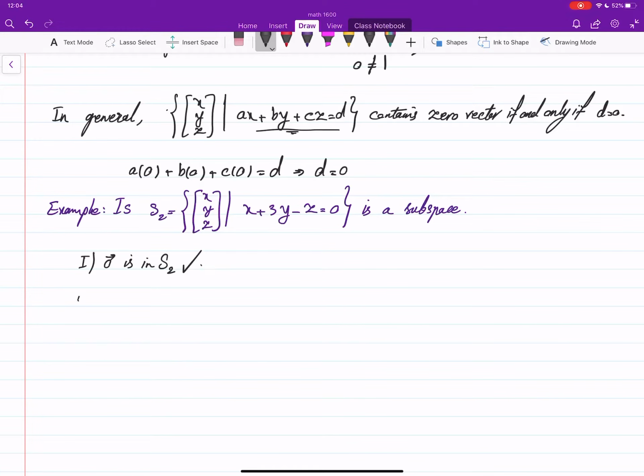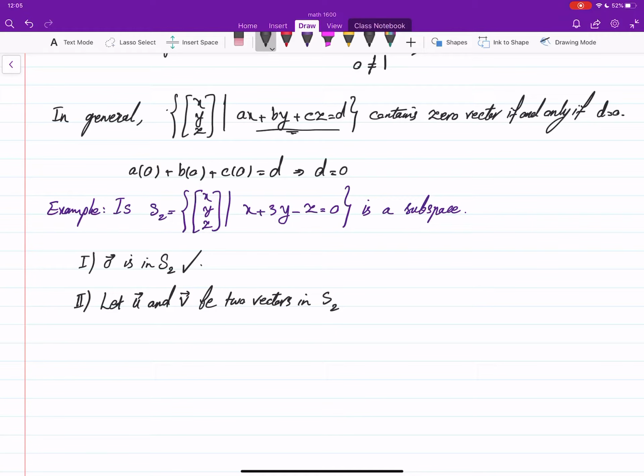So that is done. How about S2 being closed under addition? Well, for that, we need to pick two vectors. Let u and v be two vectors in S2.